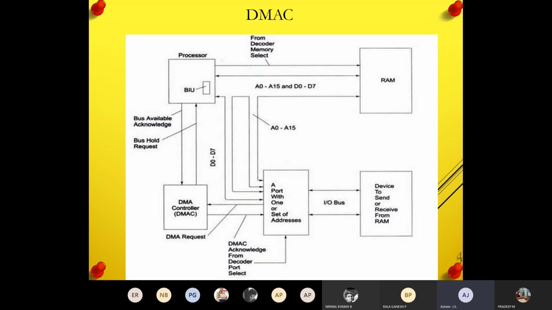Initially, if the hardware wants to transfer to the RAM, it asks permission. Once received, the DMA sends the hold request to the processor, and from the processor it gets the acknowledgement. After that, it gives the acknowledgement to the hardware device through the DMA acknowledgement from the decoder port selector. Once that is given, the hardware will access the RAM directly. This is the entire process of how the DMA works.